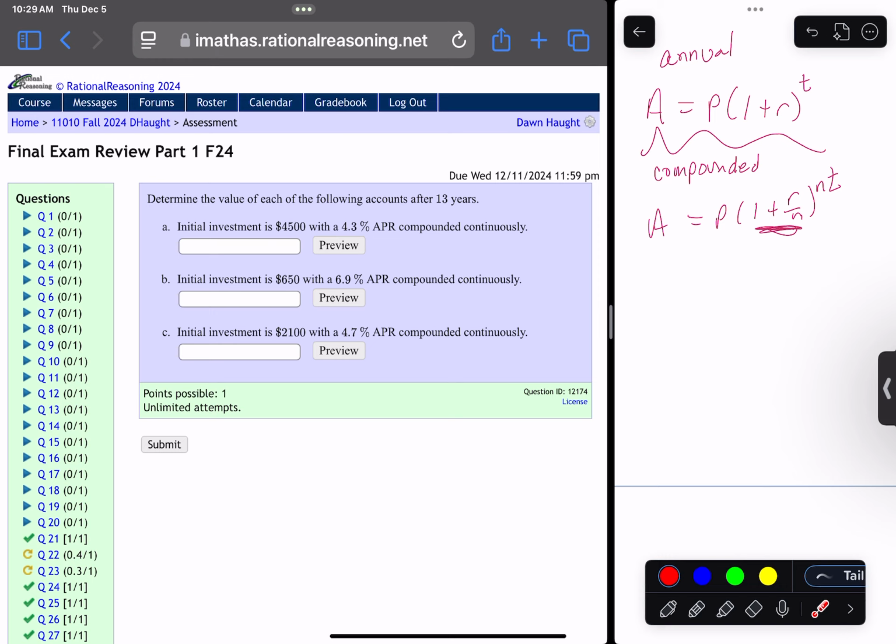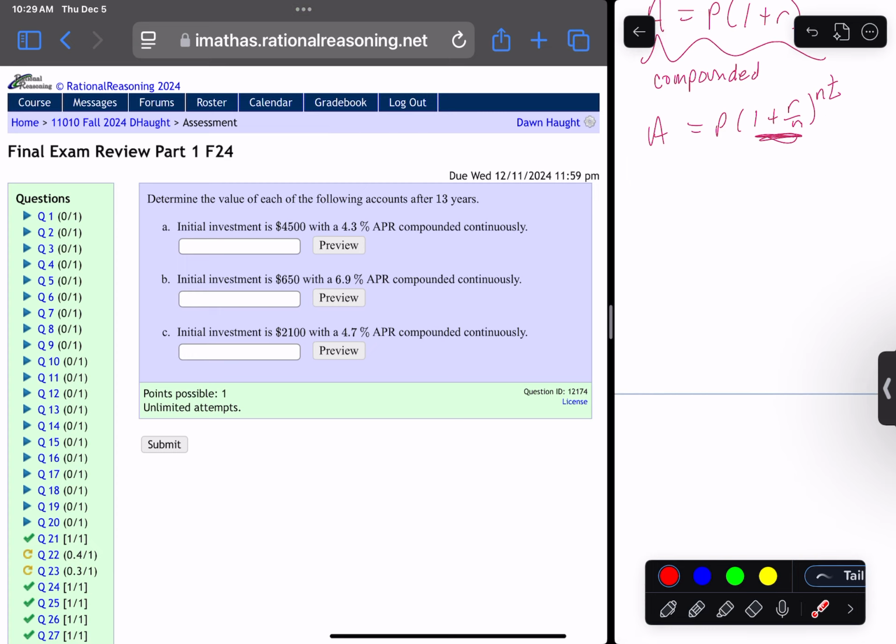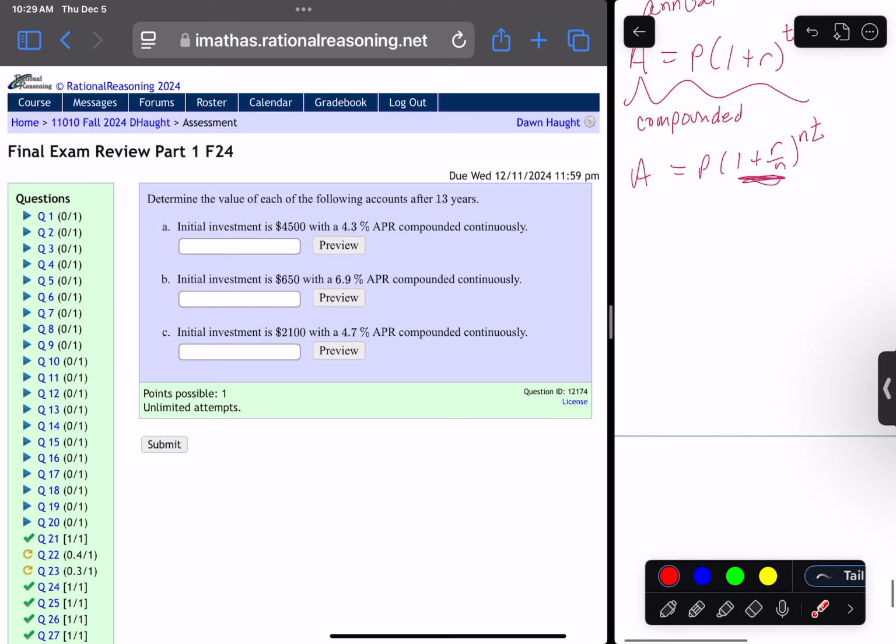Okay, determine the value of each account after 13 years. Now, this is when it's compounded a particular number of times. If they use the word continuously, you want to use, remember I called it the PERT formula.